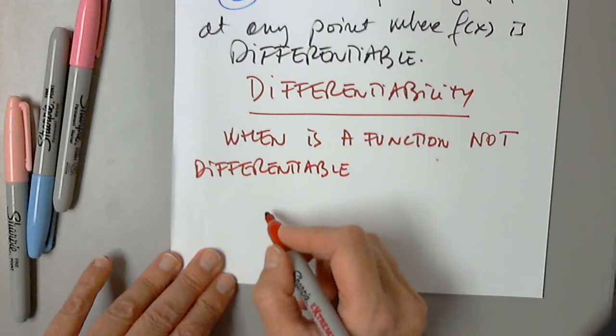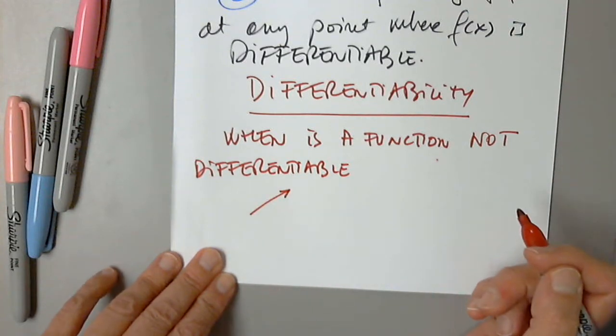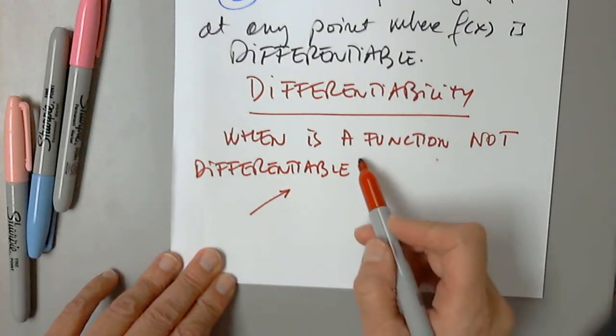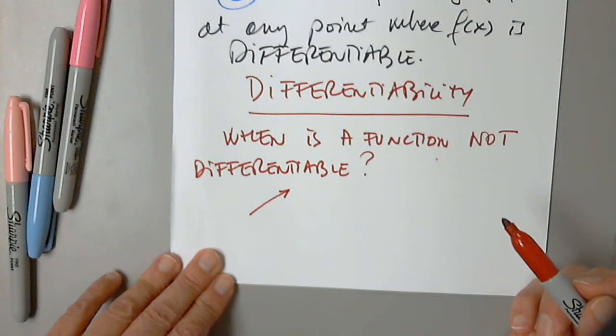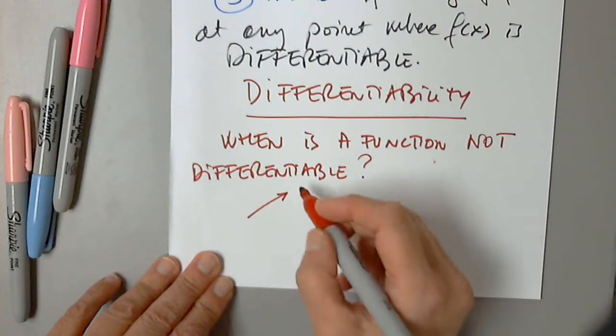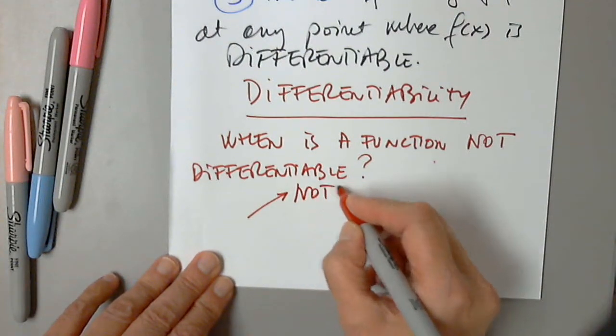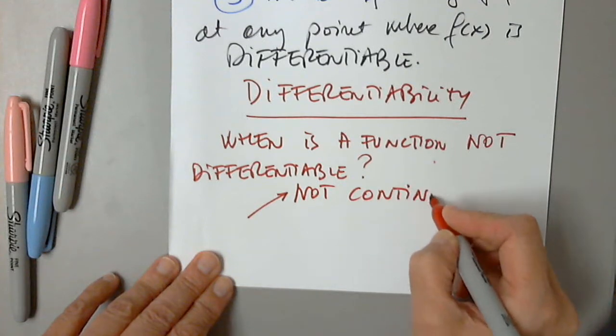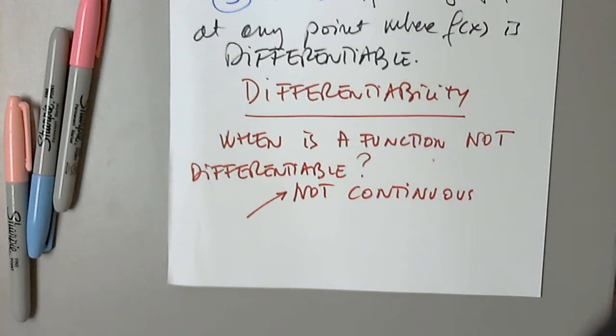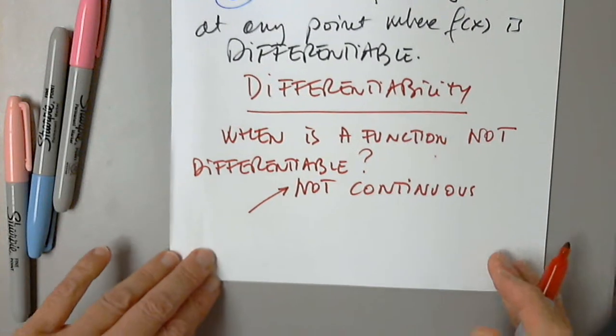Here's how we recognize it. One option is when it's not continuous. If a function is not continuous at a point, it cannot have a derivative at that point. If it's either undefined or has a jump, it cannot be differentiable there.